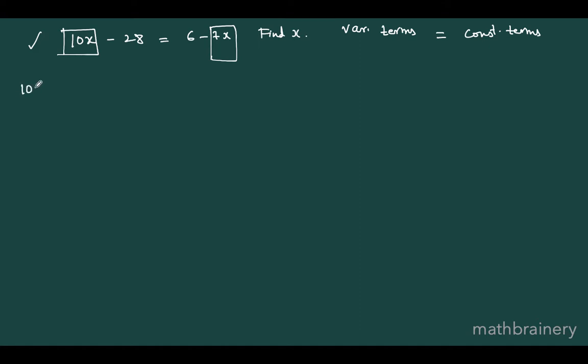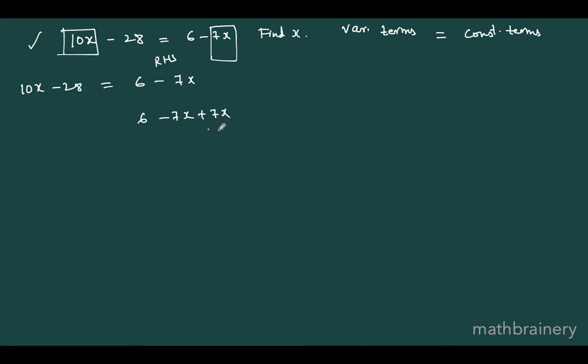That is, we have 10x minus 28 is equal to 6 minus 7x. Now I want to have only constant terms towards the right hand side of the equation. Now I have a variable term, minus 7x. If I want to cancel this, what do I need? I just need to add a positive 7x, isn't it?